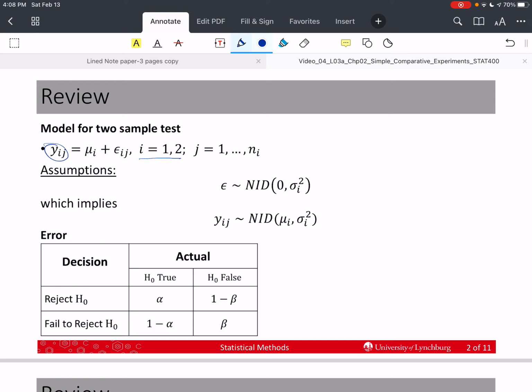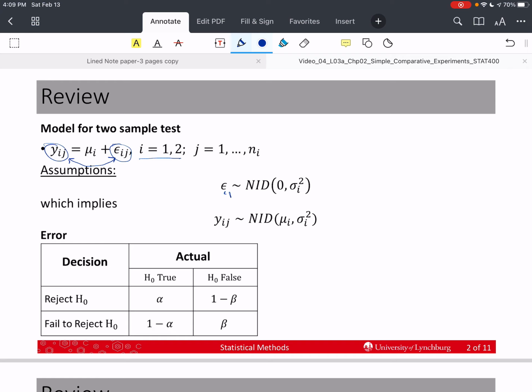So we're usually in the continuous situation, so not of observations, but of the distribution or population. And then epsilon ij is the random error associated with the jth observation in the ith treatment level. So these two go together directly.